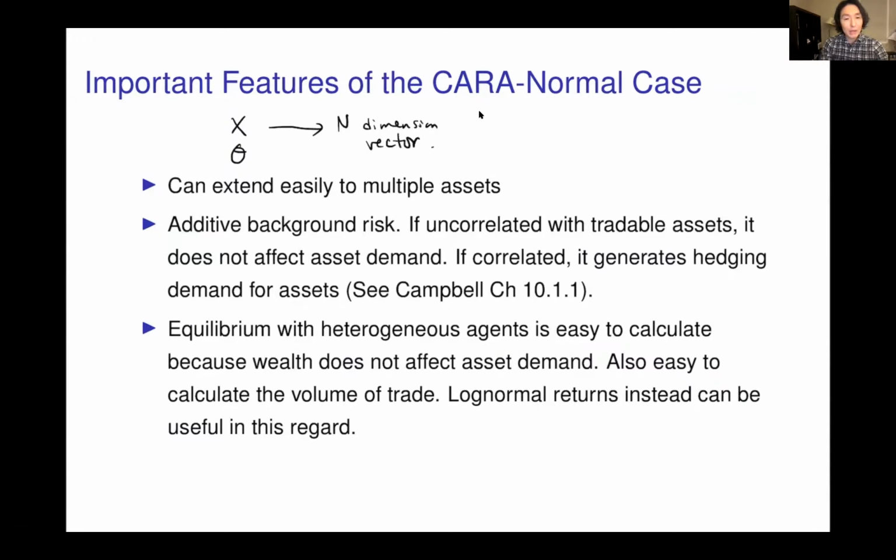In other words, we can extend this case to a more general n-dimensional vectors and the same mathematics hold.